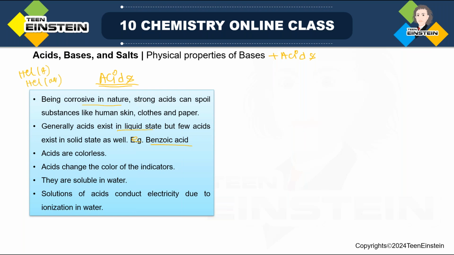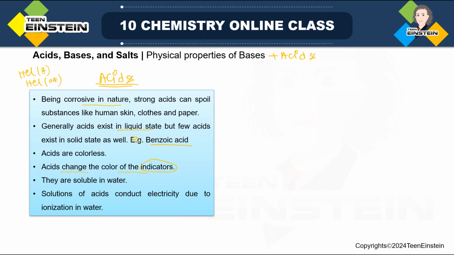Aqueous means it is obviously in water, but sometimes the HCl that you see in the laboratory is in a glass bottle, and it is in liquid form. So when gaseous HCl is mixed with water, its aqueous solution is basically kept in the laboratory in the bottle. So physical state G, L or aqueous, all the possibilities are there. Most of the time they are colorless and they change the color of indicator.